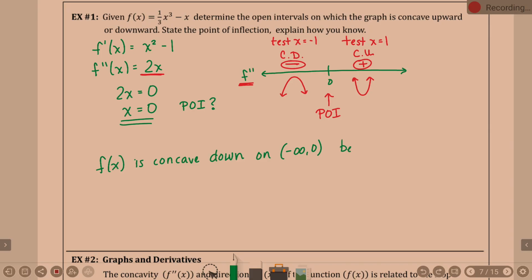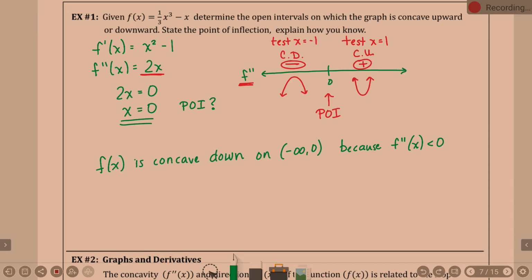And why is that? Why is it concave down? That's because the second derivative, f double prime of x, is less than 0. So the official mathematical way to say the second derivative is negative.